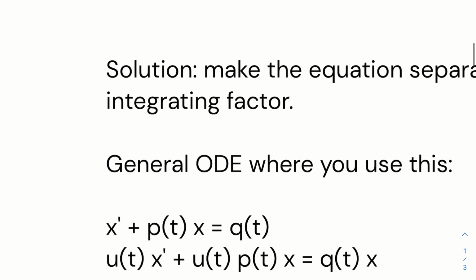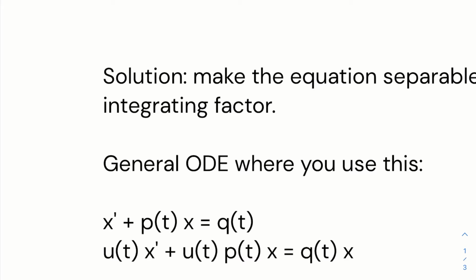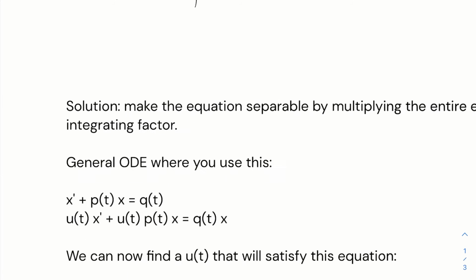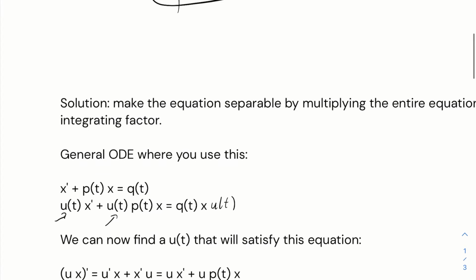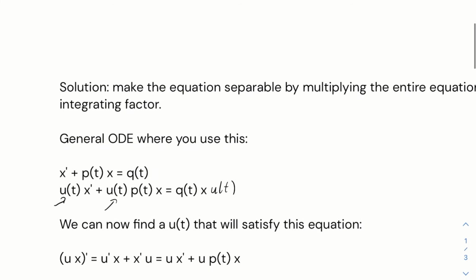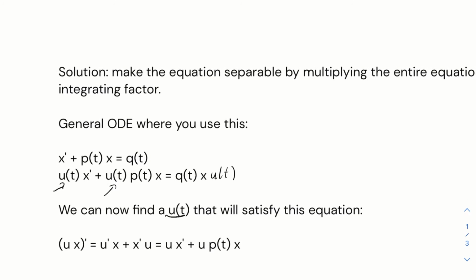The general ODE form is going to look like x prime plus p of t x, so some function p of t, equals q of t. And what we do is we put in this integrating factor right here. We multiply it into the entire ODE, and then you try to find a u of t that will simplify the equation.